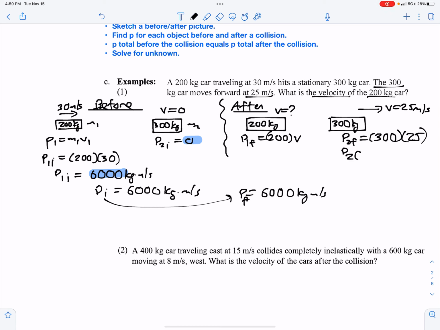So P2 final is going to be 7,500 kilograms meters per second. Okay, so now what you can see here is, think about this for a second. This plus this momentum here, P1 final, in order for those to add up to this, clearly has to be negative.